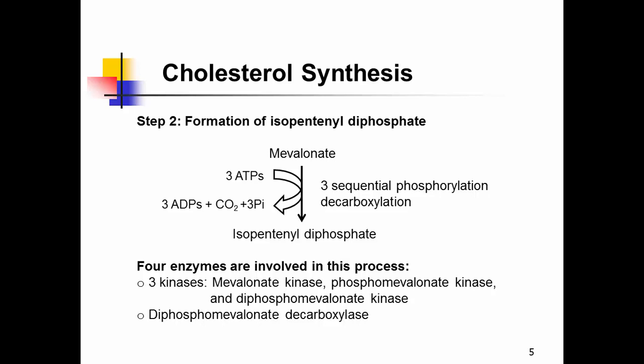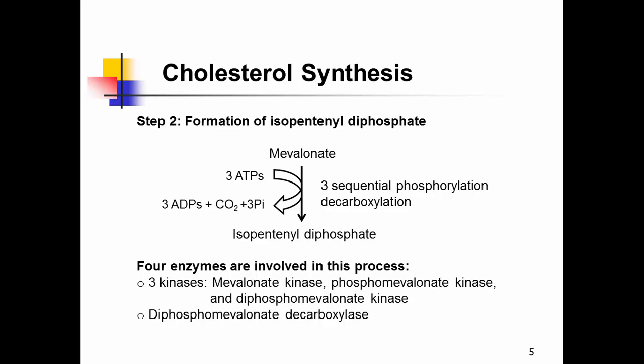Okay, so step 2 is the formation of isopentenyl diphosphate. So mevalonate that's synthesized from step 1 can be converted to isopentenyl diphosphate, and this conversion involves 3 sequential phosphorylation reactions and 1 decarboxylation, and requires 3 ATPs, right?